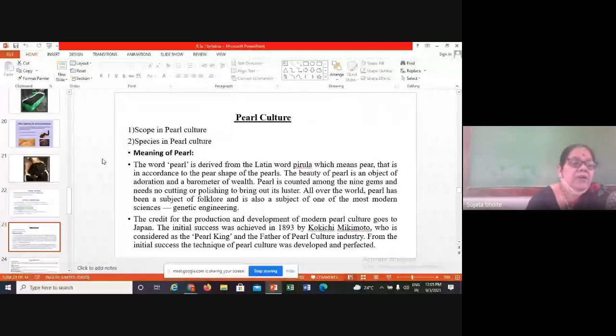Pearl is a white, highly shiny globular body found in the shells of molluscan oysters. Pearls are generally secreted by the mantle of marine as well as freshwater bivalves, commonly called pearl oysters. Natural pearl formation is a very slow process.